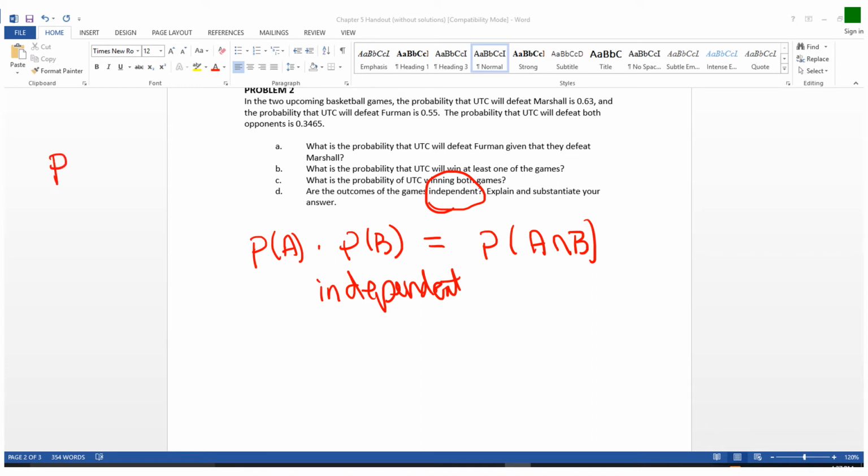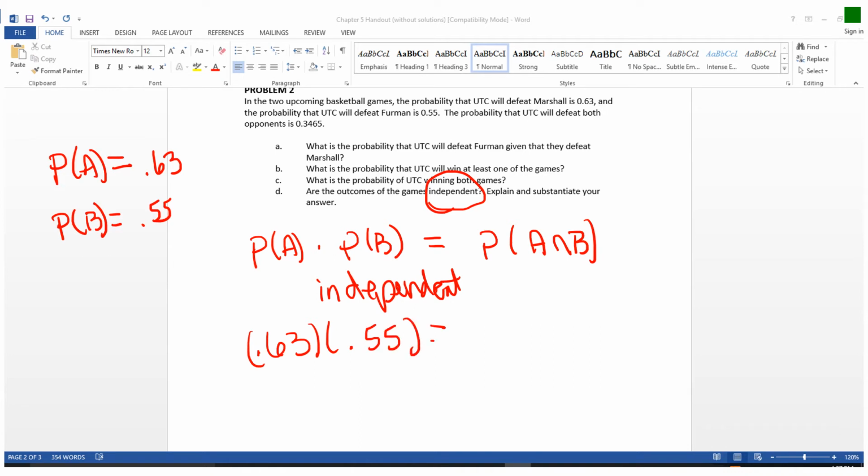So in this particular problem, for example, the probability of A, I'll rewrite this, we said was 0.63, and we said the probability of B was 0.55, because if you recall, I labeled A as defeating Marshall and B as defeating Furman. So if we were to take 0.63 and multiply that by 0.55, we would try to see, does that actually equal the intersection? And notice the intersection was given, that was already defined for you.